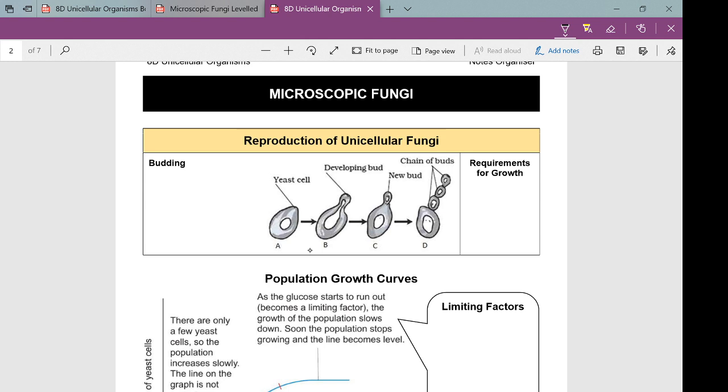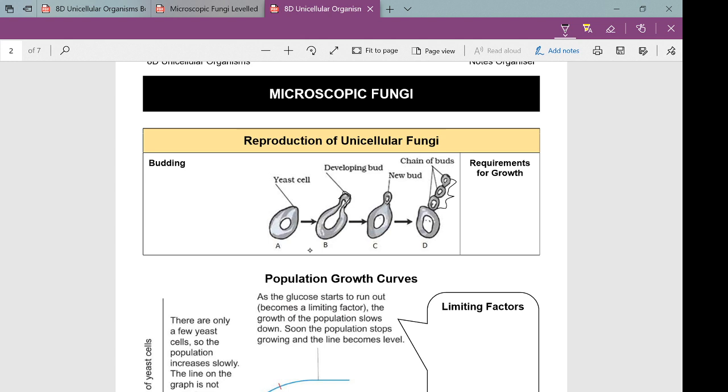So we start off with a single yeast cell, and basically what happens is that there grows a little sort of nub there that buds off repeatedly until you have multiple, and then these small ones then go off and continue to grow larger as yeast cells.